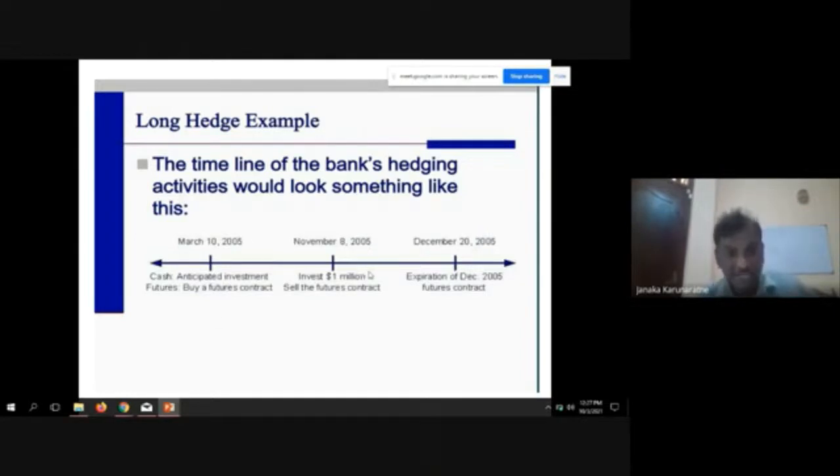When you get the funds, you invest that 1 million in whatever euro dollar deposit. Okay, and you sell the futures contract. Then your risk would be addressed.